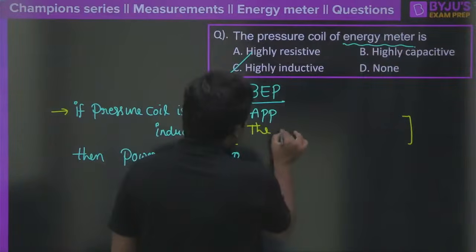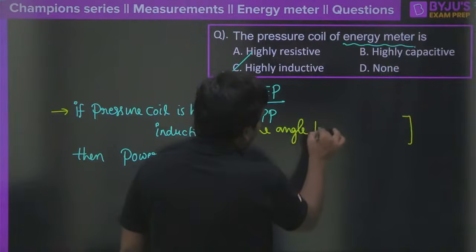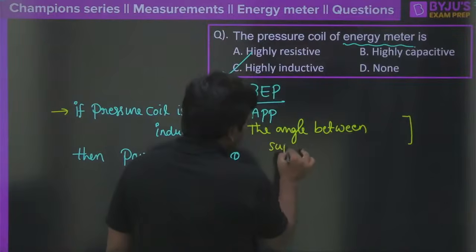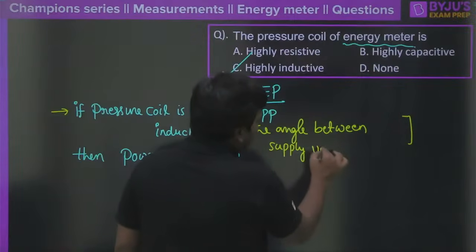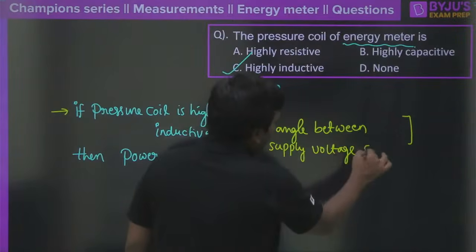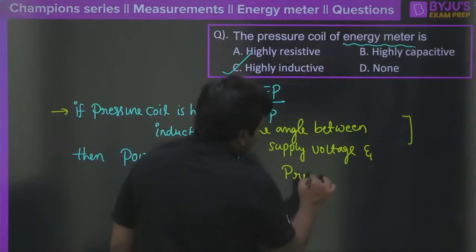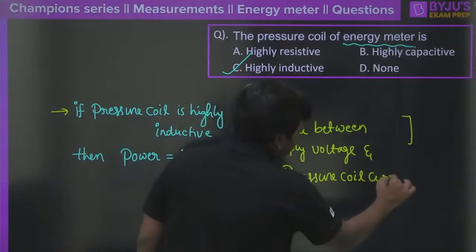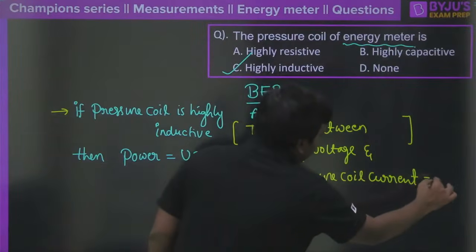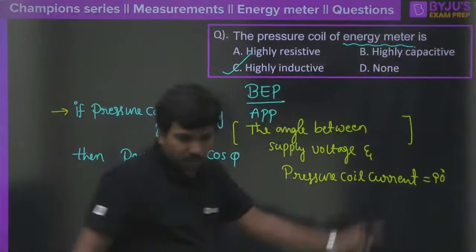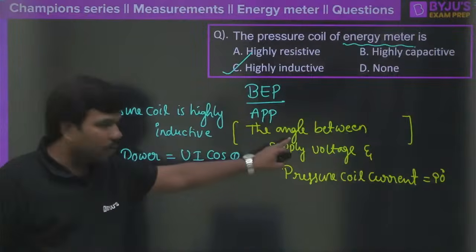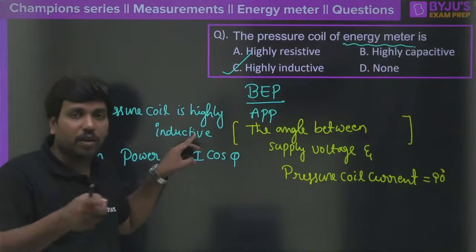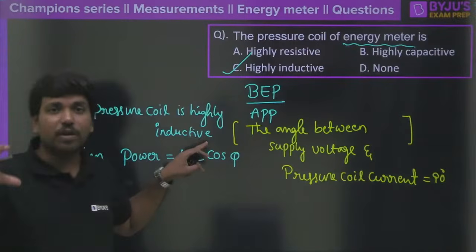The angle between the supply voltage and the pressure coil current is equal to 90 degrees. Clear? This is going to be 90 degrees, because if it is highly inductive, then the current through the pressure coil will lag the voltage by 90 degrees.